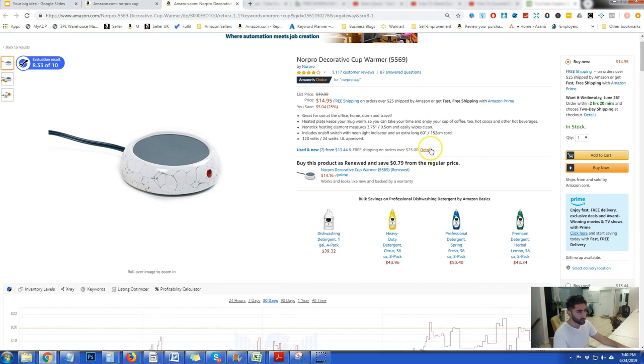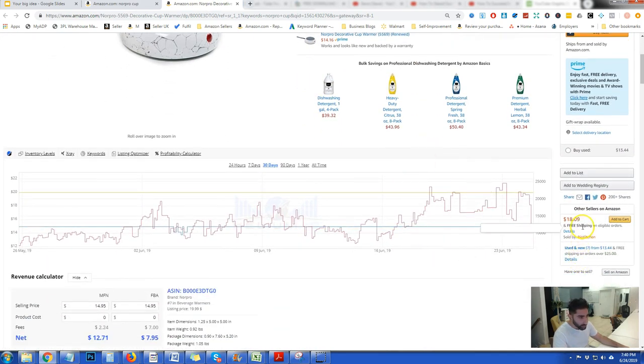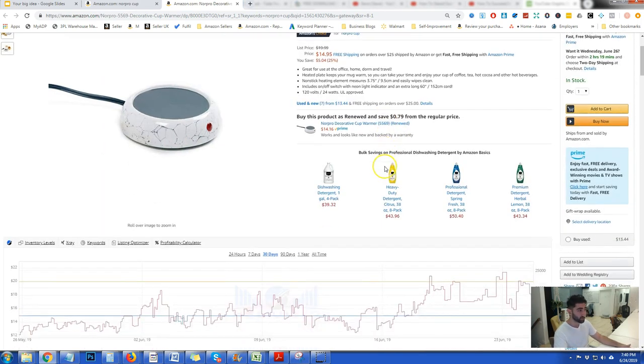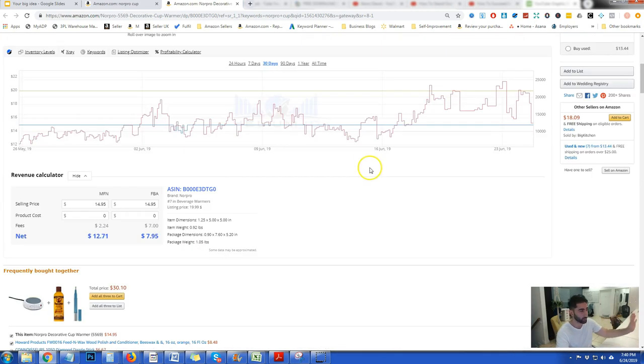Okay, so it's 10,000 in home and kitchen, and there's only one seller on this, and it seems like it's Amazon, right? So in stock, ships and sold by Amazon. So if this is something you could sell, if Amazon wasn't on it, this is how we would calculate it.